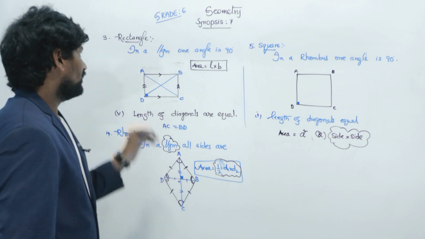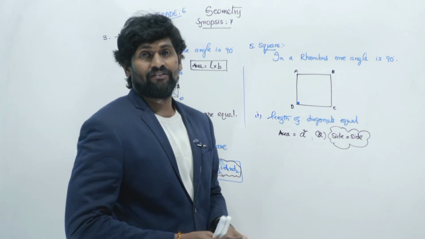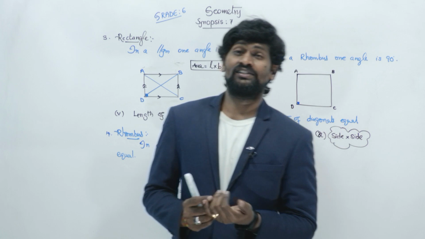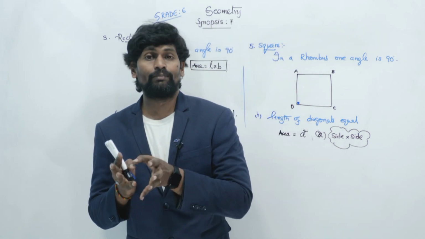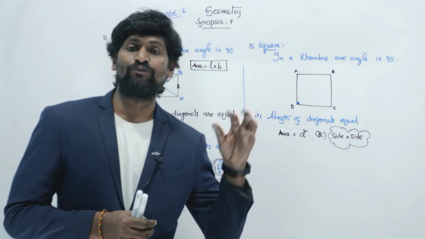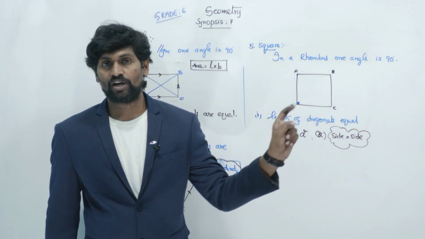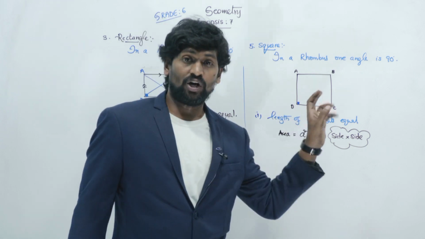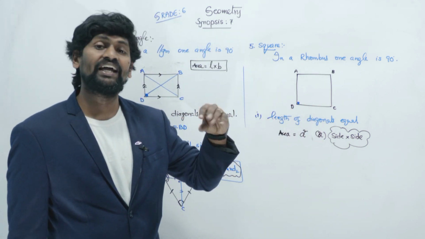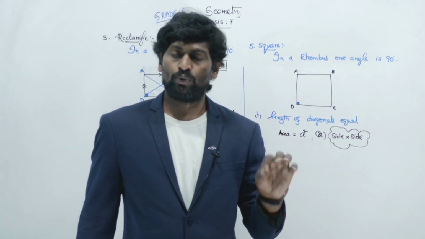Clear? So today we have discussed that a quadrilateral is a polygon bounded by 4 line segments. A polygon with 4 sides is called a quadrilateral. There are mainly 2 types, convex and concave. In a convex quadrilateral, the sum of opposite angles is less than or equal to 180 degrees.